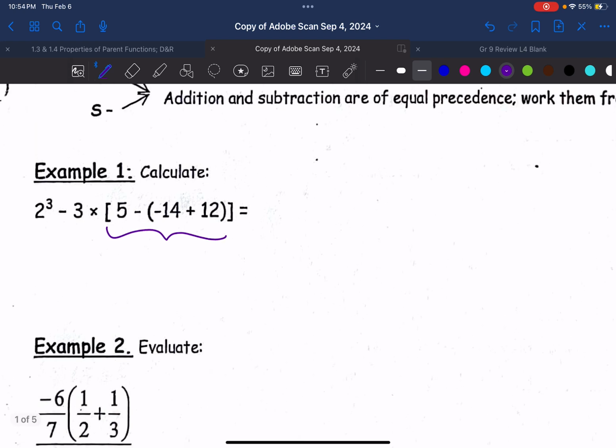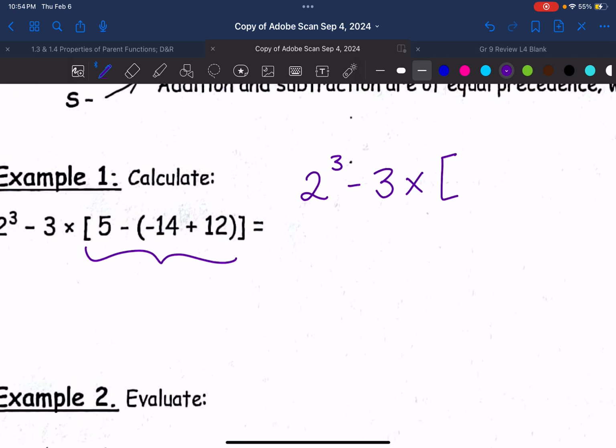So my first bit of the expression is going to stay the same: 2 to the power of 3 minus 3 times, and now I need to simplify my brackets. You'll see the square brackets and the round brackets are two different sets of brackets. So it's like I've got brackets and brackets, and I've got to look at this first before I can simplify all that other stuff.